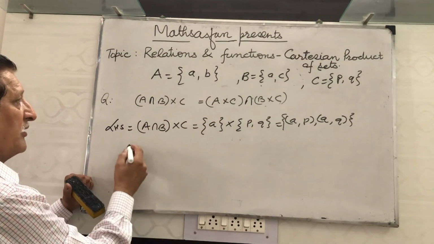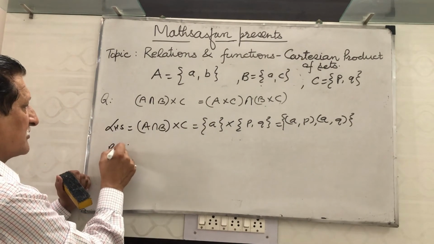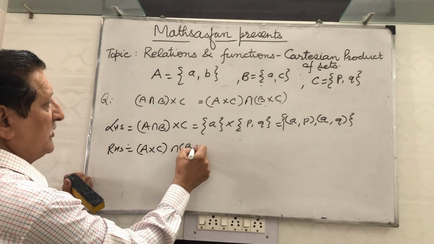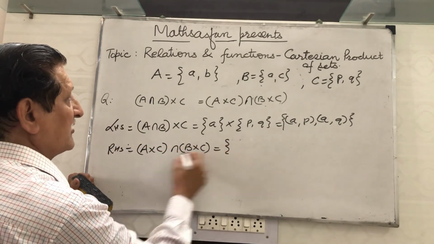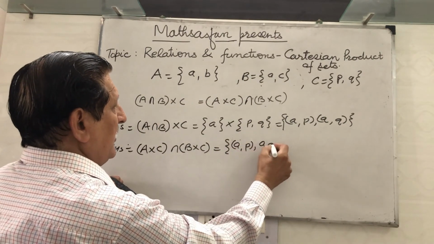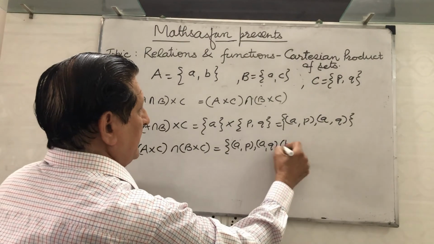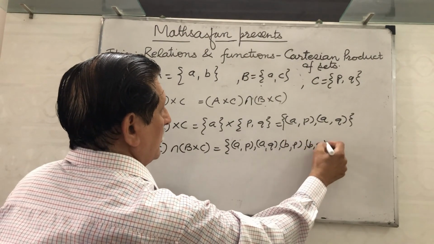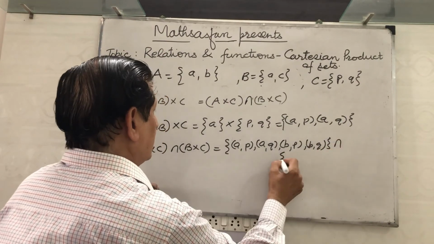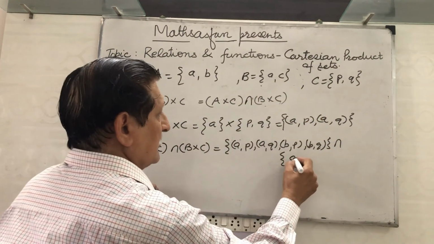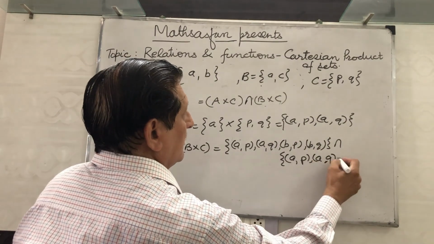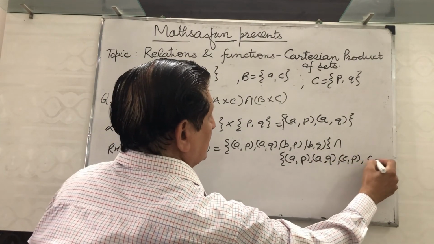If we go to the right hand side, this is (A cross C) intersection (B cross C). Let's see what is A cross C. A cross C is AP, AQ, BP, BQ. Then intersection with B cross C. B cross C is AP, AQ, CP, CQ.